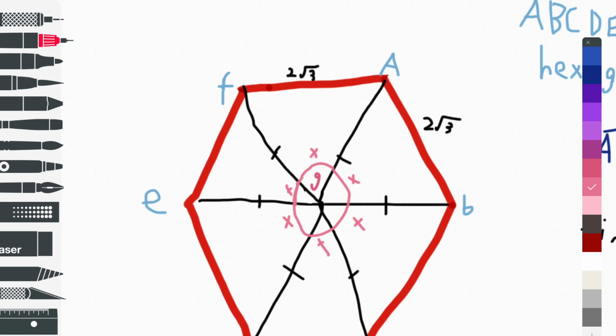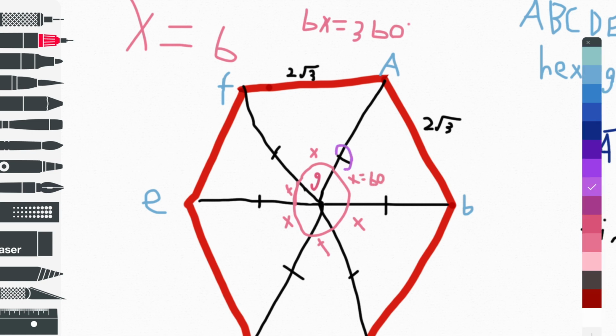X, X, X, X, X. Let's solve for X. So 6x is equal to 360 degrees. So let's divide by 6 on both sides. 6x divided by 6 is just x, and x is equal to 360 divided by 6, which is 60. So x is equal to 60, okay?